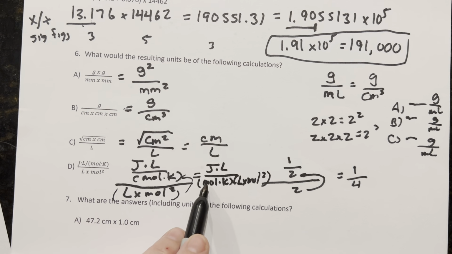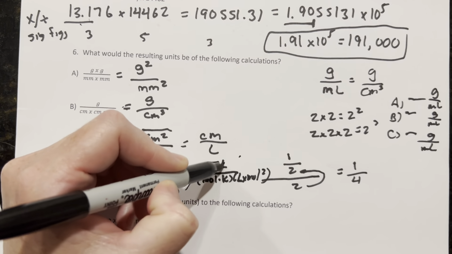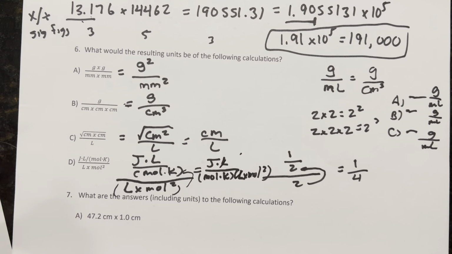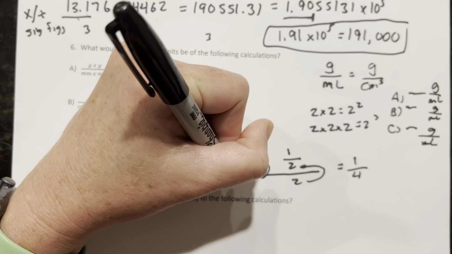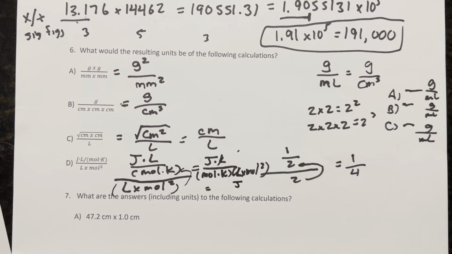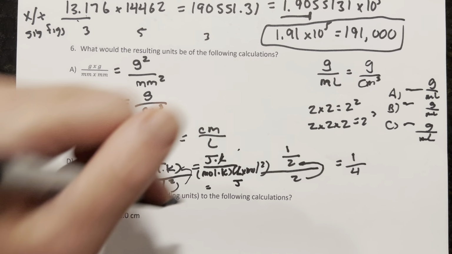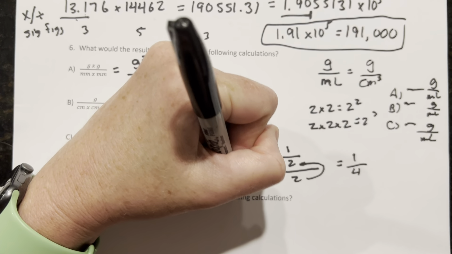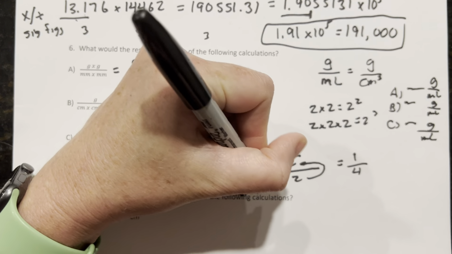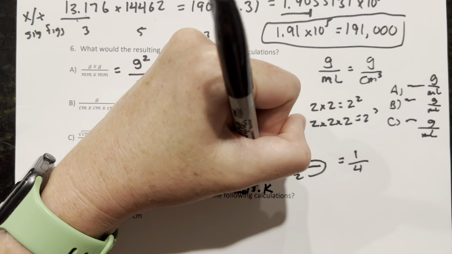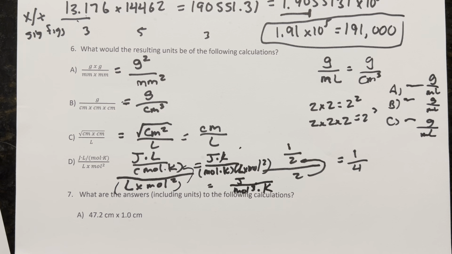Mole squared times mole would be mole cubed, and the liters are going to cancel. So I get joules over mole cubed times K. Don't know what I was thinking, but that was really fun.